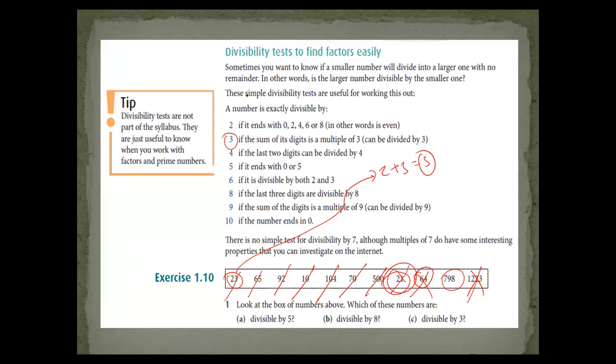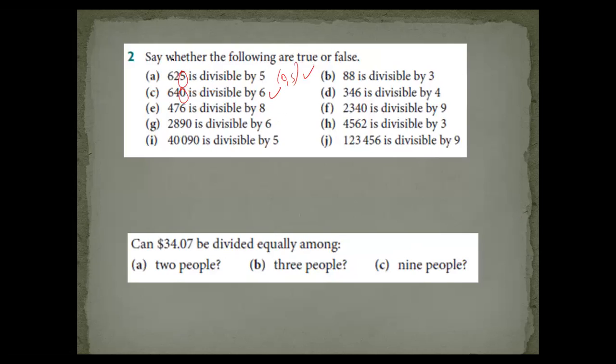What is the rule of 6? It must be 2 and 3. Not only 2, but 3 also must. If it's divisible by 3, then we can say it's okay. It's divisible by 6 if the sum of digits is a multiple of 3. The sum of this number is 10. 10 is not a multiple of 3. That's why it's not divisible by 6.